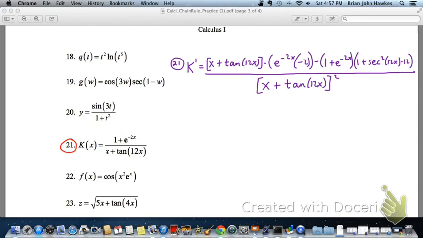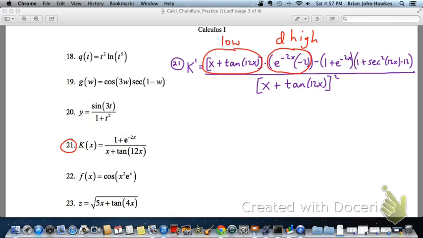So just to review what we did, we have k prime is equal to the denominator, which is right here, low. That's our low. And then this is the derivative of our numerator, d high.